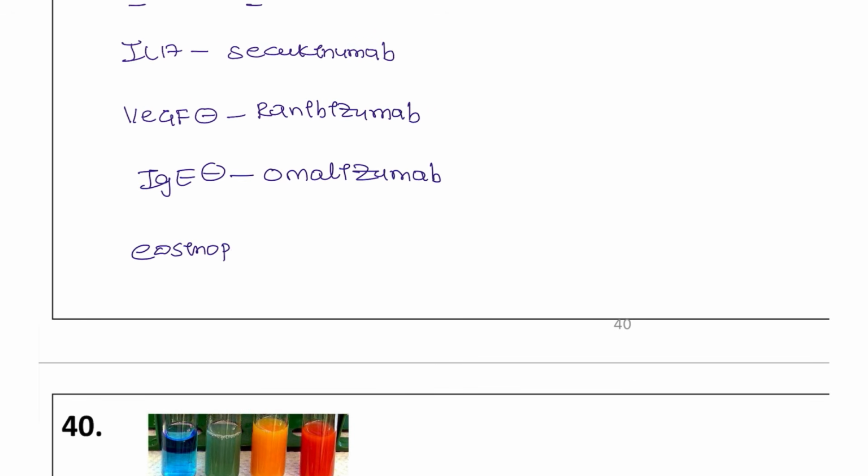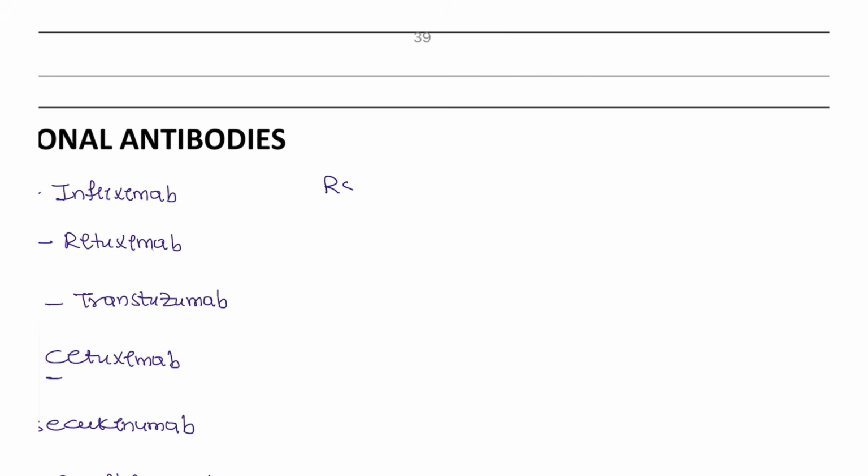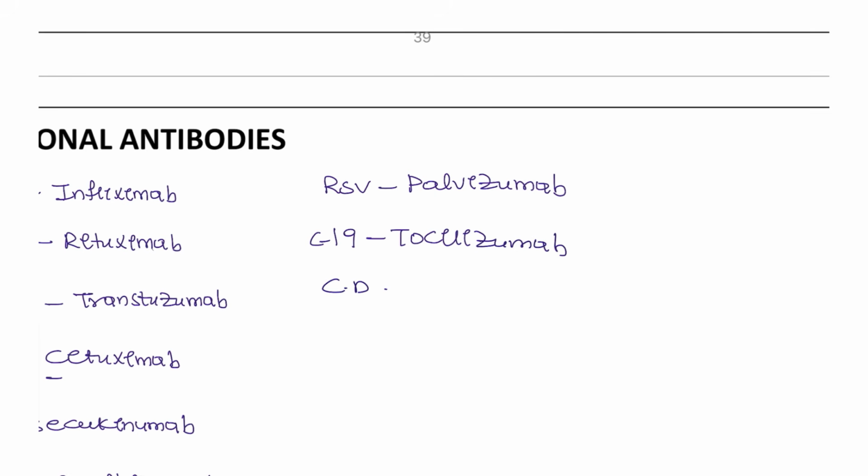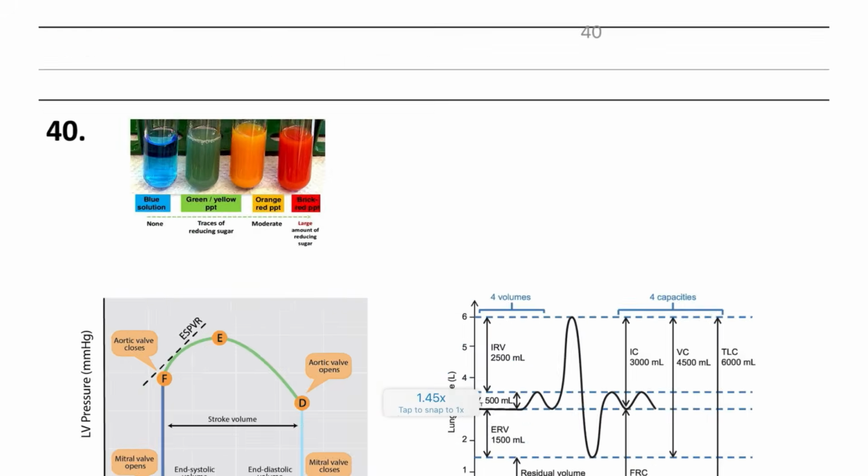If you want to inhibit the eosinophils, this is going to be the dupilumab. And some of the drugs such as for RSV, that is the palivizumab. And for COVID-19, you have the tocilizumab. And Clostridium difficile, it is the bezlotoxumab. Right, these are the important monoclonal antibodies that are frequently asked.